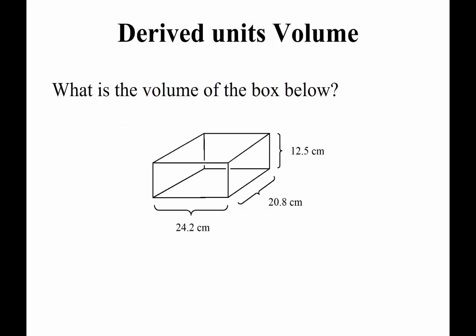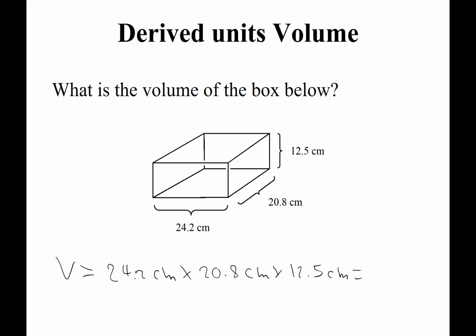Make a simpler problem here. What is the volume of a box below? You have length, width, and height, and so all you have to do is take the 24.2 centimeters times 20.8 centimeters times 12.5 centimeters.